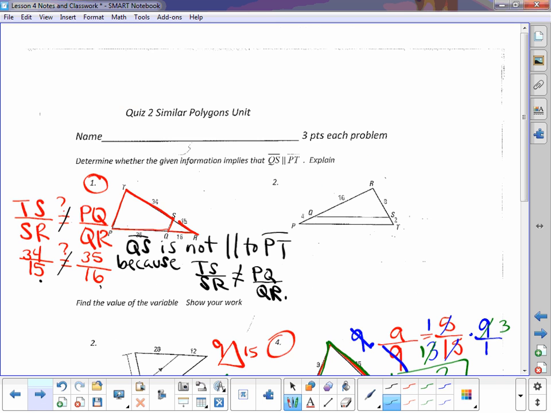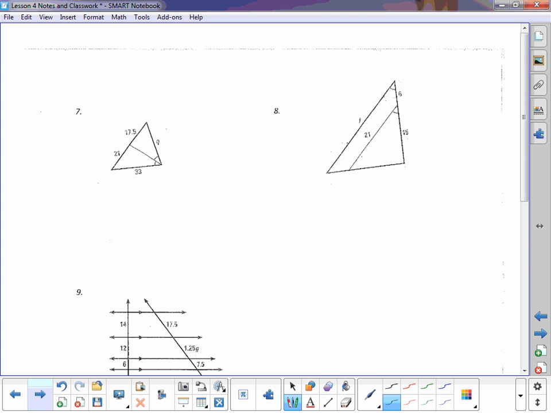All right, so go to your classwork, number 7 here. Again, with the triangle angle bisector, we're not dealing with parallel lines. We just simply have a triangle where one of the angles got cut in half. So we can set up that proportion.